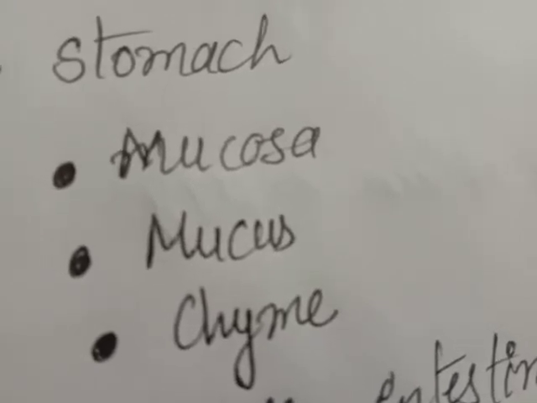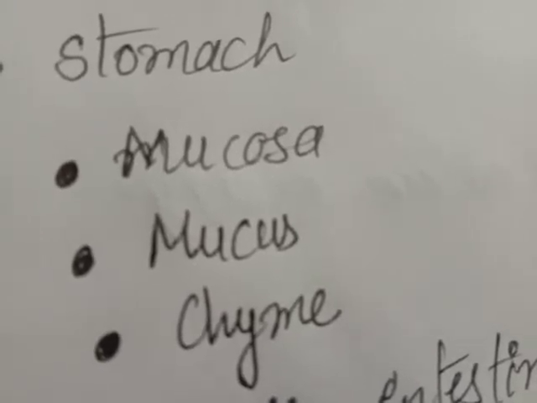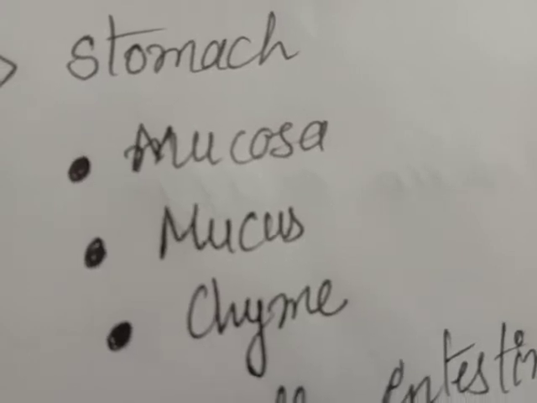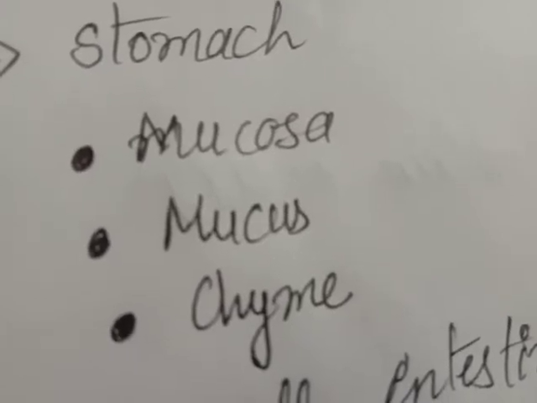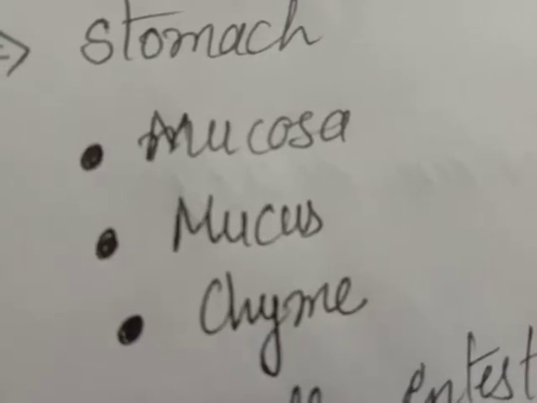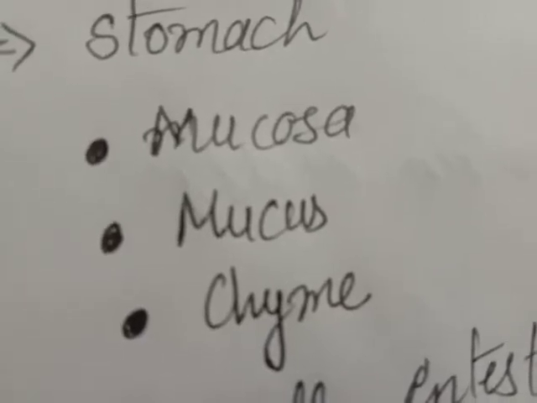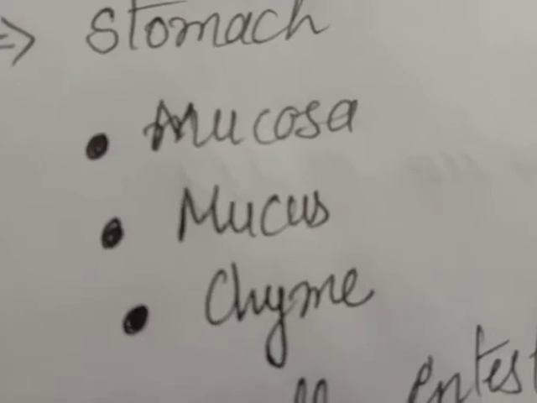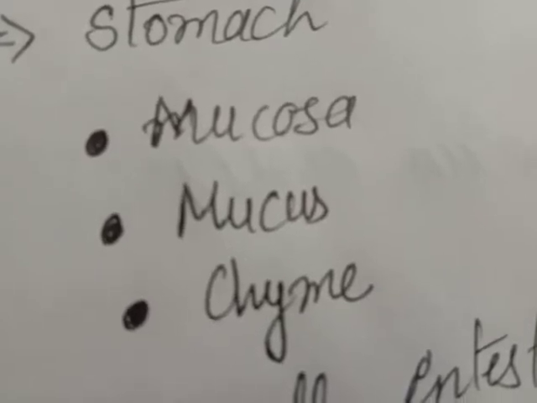Pepsin begins the digestion of protein. The action of the gastric juice and churning of the stomach changes food into a semi-digested food called chyme.